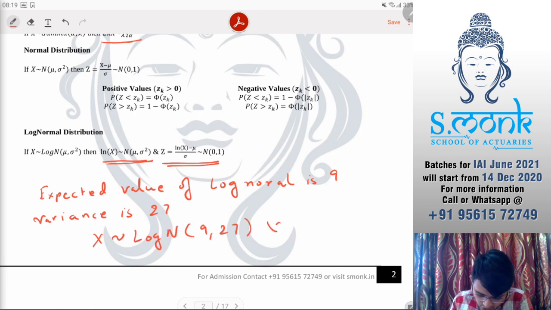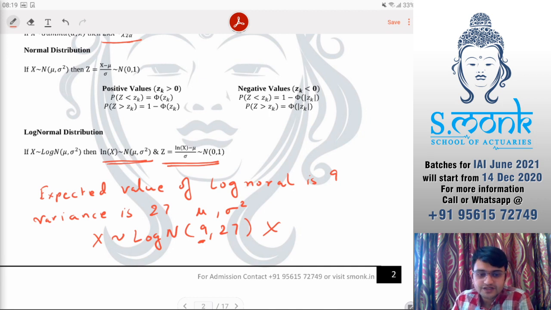This is wrong, because mu and sigma square are not the mean and the variance of log normal distribution. That is a big mistake students make in the examination. So make sure you don't make such mistakes.